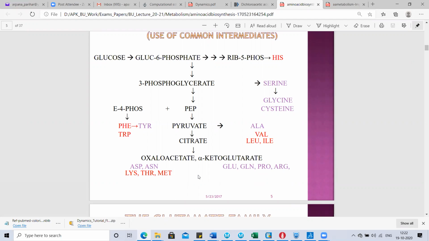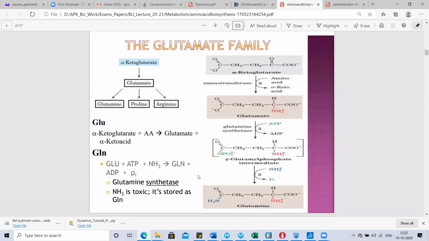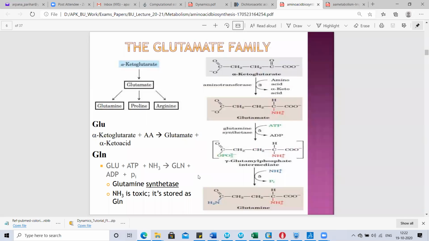What the precursors are and how they are involved in the synthesis of a particular amino acid, we will see in the next slides. This is the first family of amino acid biosynthesis, the glutamate family.